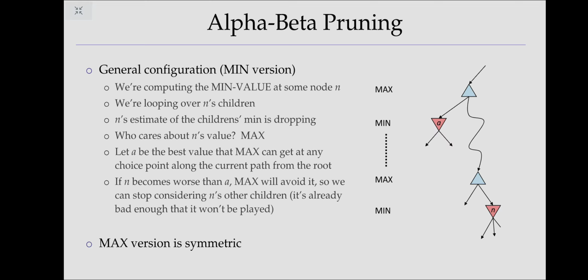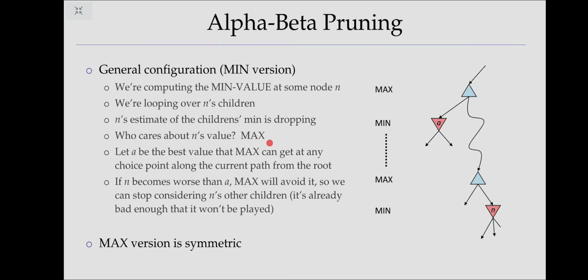Now, we can implement alpha-beta pruning. As you see, we have 2 players, max player and min player. Because of that, we need a bound for the max player and a bound for the min player. Assume that alpha is used for the limit for the max player and beta is used for the min player.